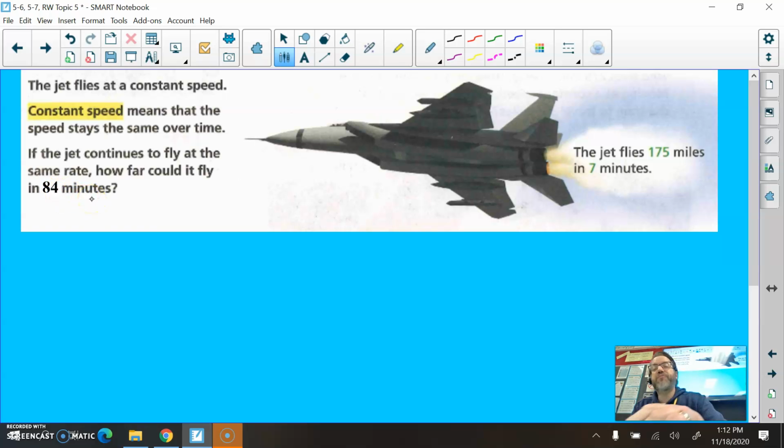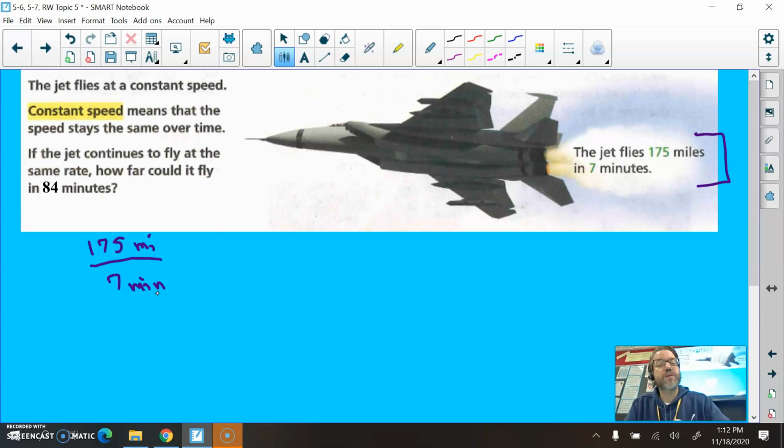All right, so anyway, if we look over here, it says the jet flies 175 miles in 7 minutes. I'm going to write that as a ratio here, 175 miles in 7 minutes.